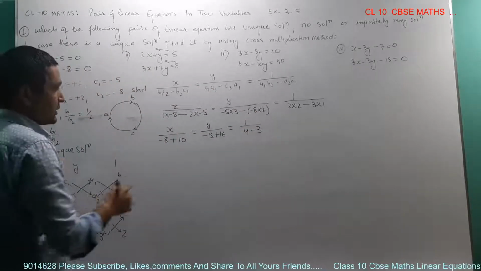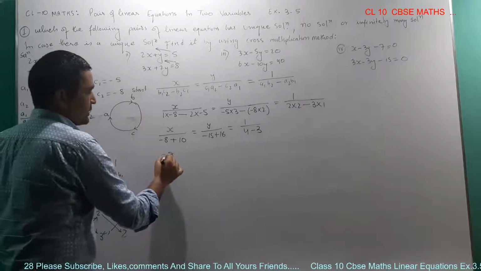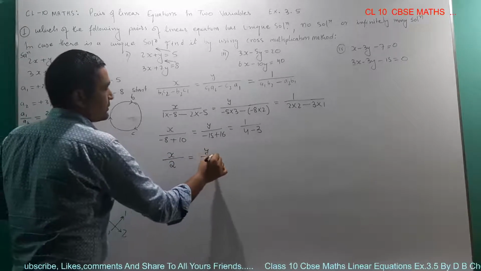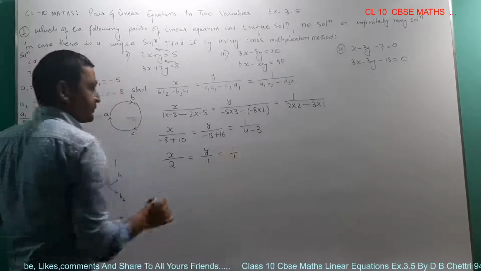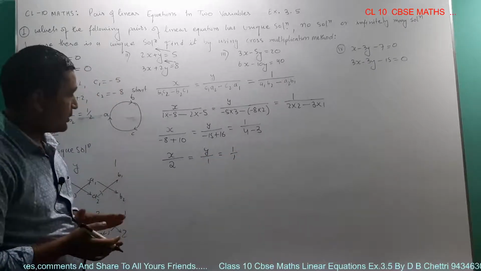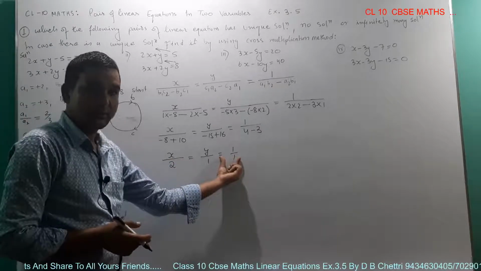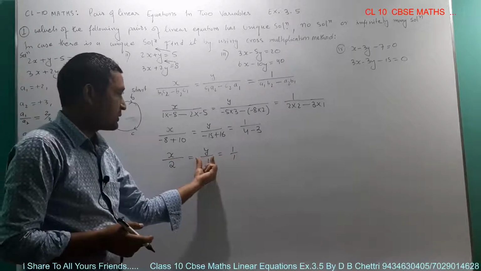Simplifying again: x by 2, then y by 1, 1 by 1. Now to solve the values of x and y, just take x and last, and the middle and last.